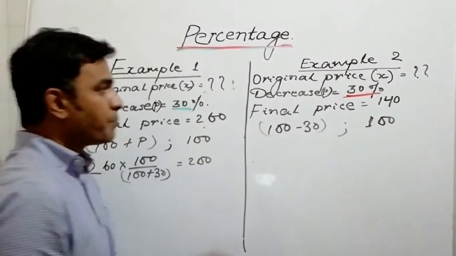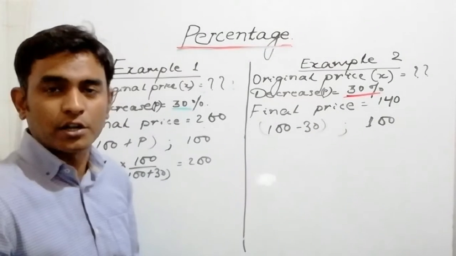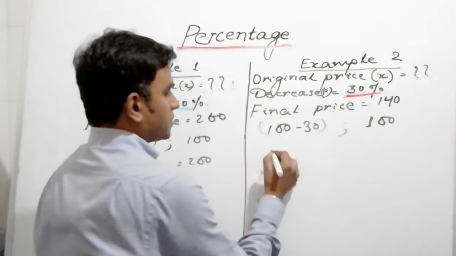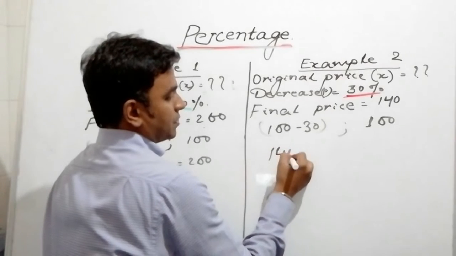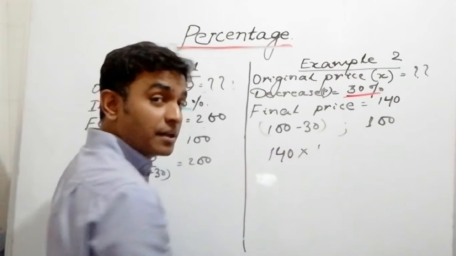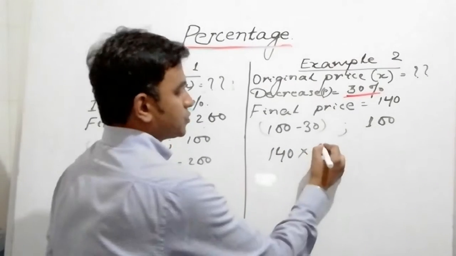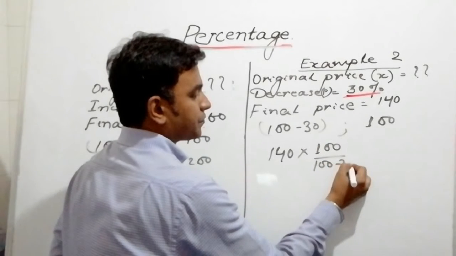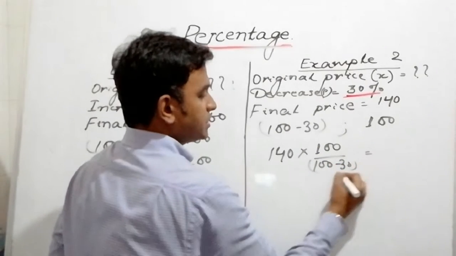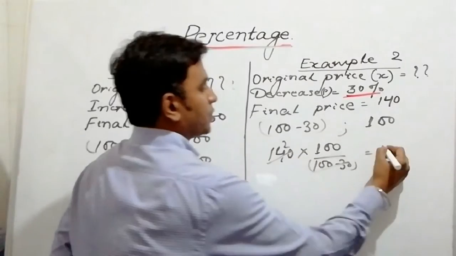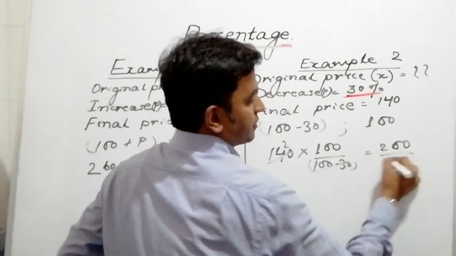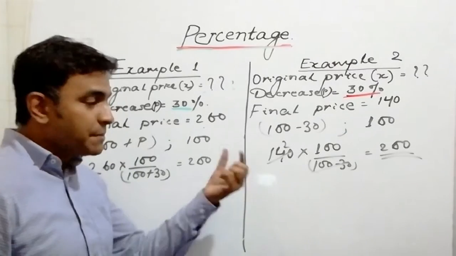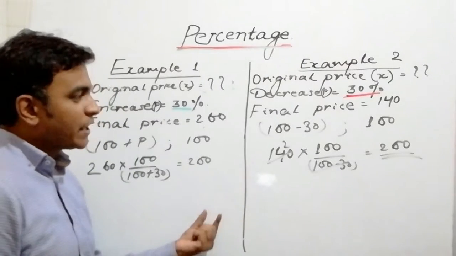We know that post decrease the value is 140, so the original value has to be more than 140. So your multiplying factor has to be more than 1. So 100 divided by (100 minus 30), which is equal to 200 here.